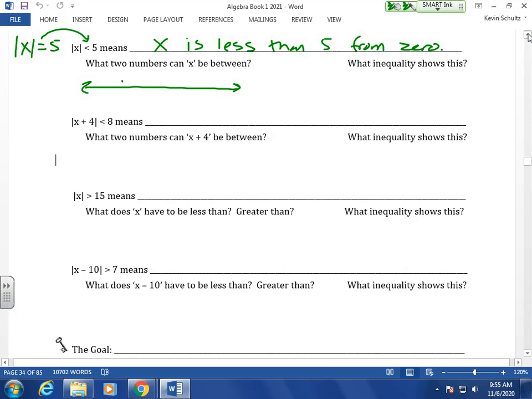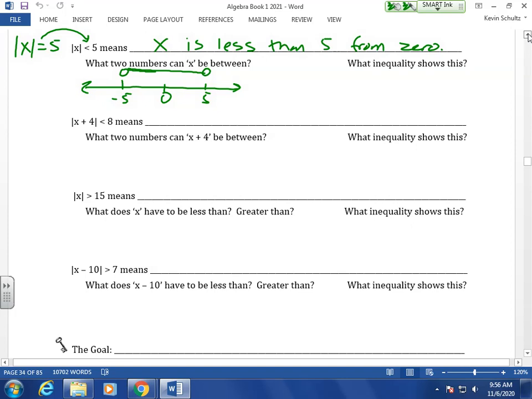I don't remember if we did the graph or not. But basically, if x is less than 5 from 0, the two numbers that it can be between are -5 and +5. Right? Anything greater than -5 is going to be within 5 of 0, and anything less than +5 is going to be within 5 of 0.